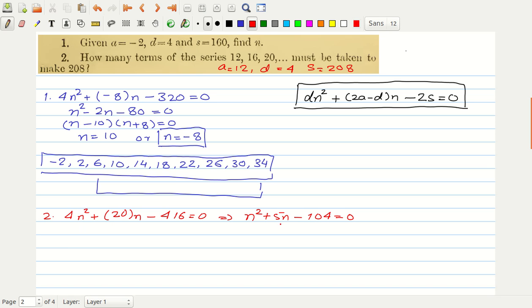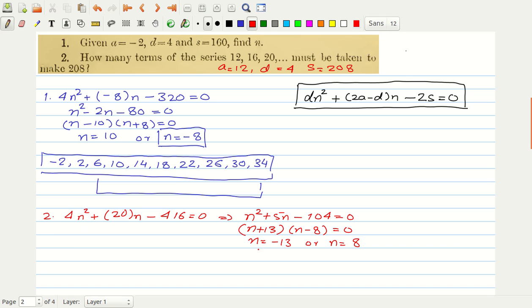So we know that 13 times 8 is 104. So this should be (n plus 13)(n minus 8) is equal to 0. So from here we get n is equal to minus 13 or n is equal to 8.